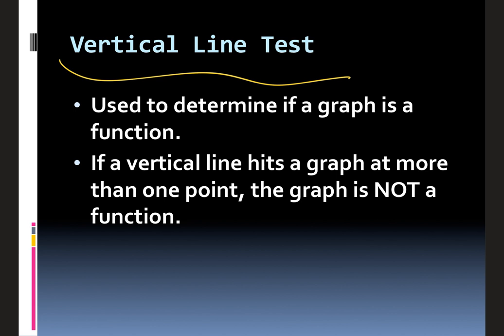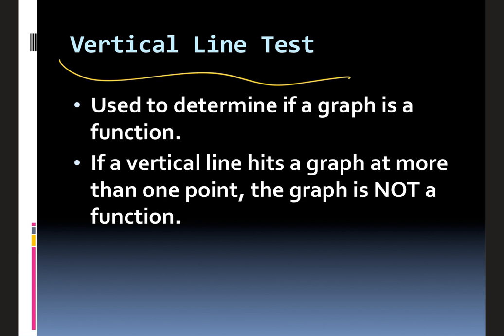This actually appeared as a part of one of the FRQs on the AP test. I think it was on one of the practice tests or the actual one, I don't remember. But the question was, is it a function? And the answer was no. And it would say explain why. And it would say you cannot just say because of the vertical line test. You can't say it fails the vertical line test.